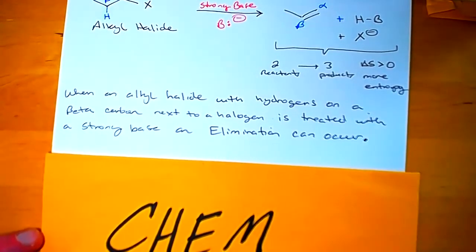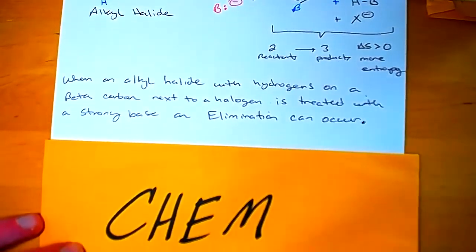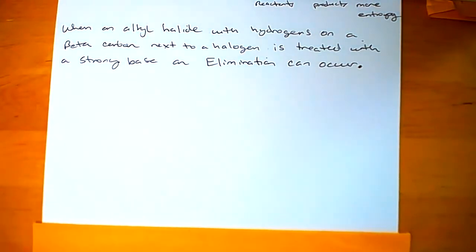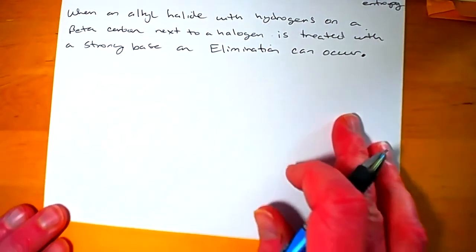Notice I didn't say will, notice I said can there, and that means there are some factors to consider. Now, the biggest factor, of course, being the mechanism and how this proceeds.